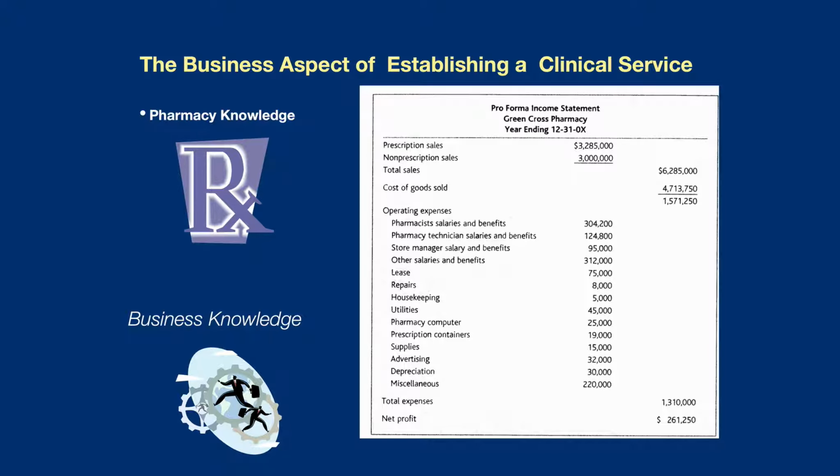Just like in a traditional community pharmacy, in order for it to stay afloat and to be able to pay its workers and stay in business, it needs to bring enough sales revenue in to cover operating expenses and product, and hopefully there is a net profit to keep the business afloat, to reinvest, and to reward those who have invested in this business.